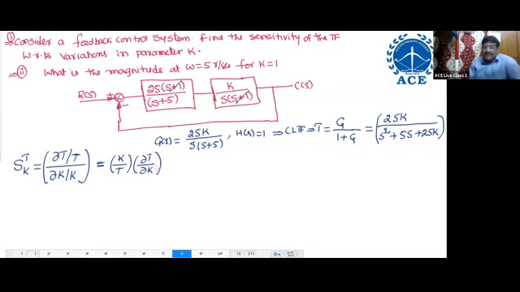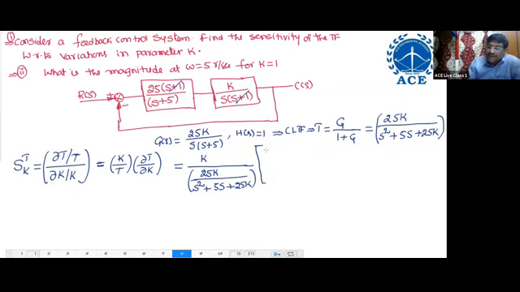Come on, get the answer. K by T, where T is 25k by s square plus 5s plus 25k, into dT by dk. You differentiate with respect to k.